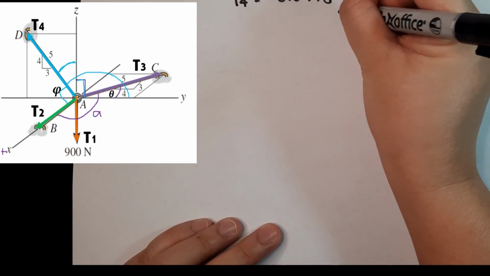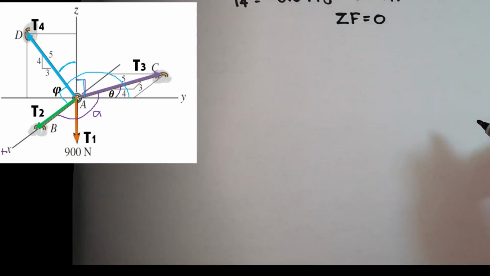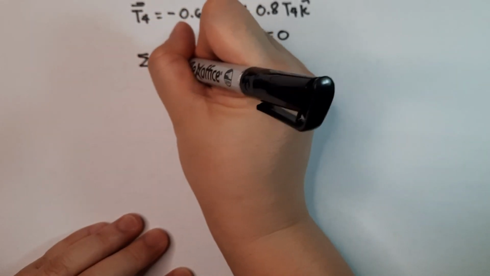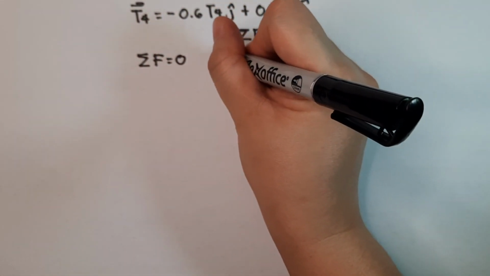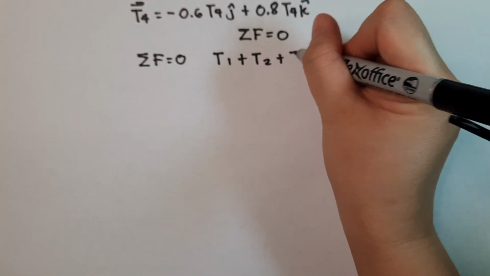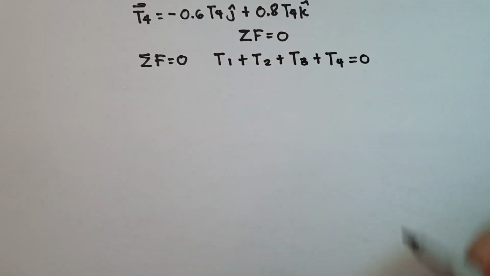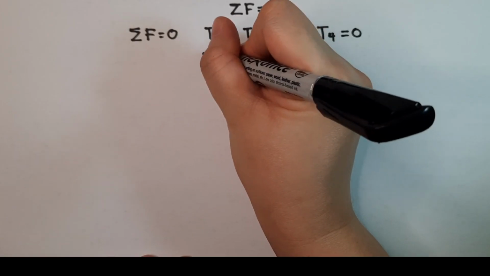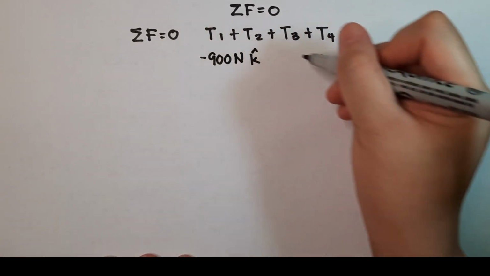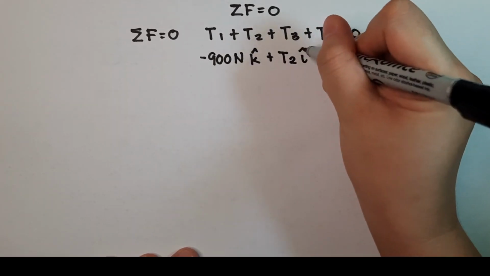Okay, so what is the next step in solving this one? We know that the summation of forces is equal to 0, so I have to add all the forces. That will be T1 plus T2 plus T3 plus T4, which is equal to 0 because they are in equilibrium. T1 is negative 900 Newton k hat. T2 is positive T2 i hat.